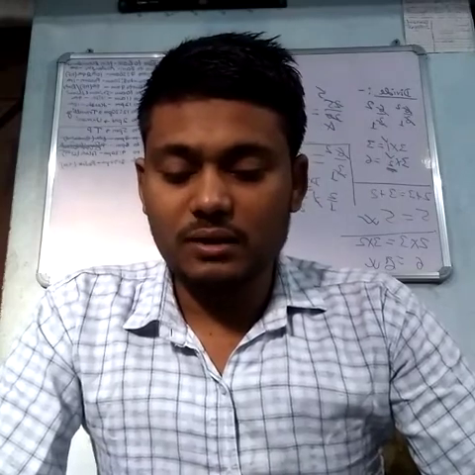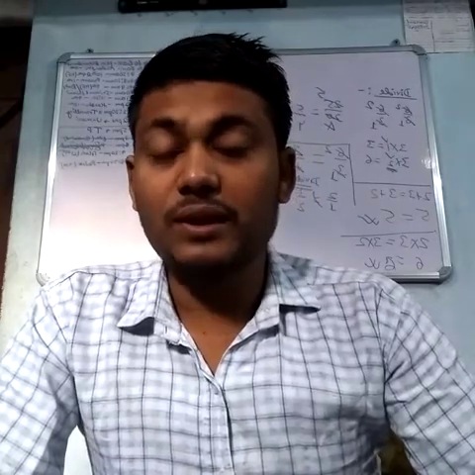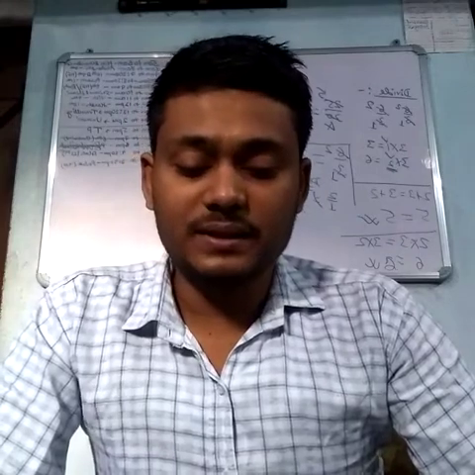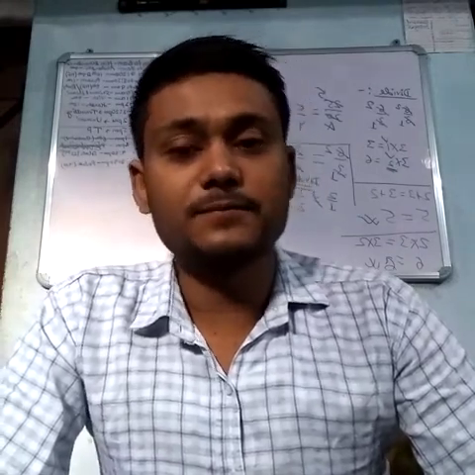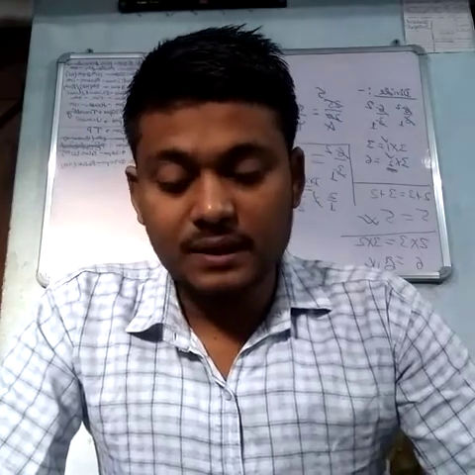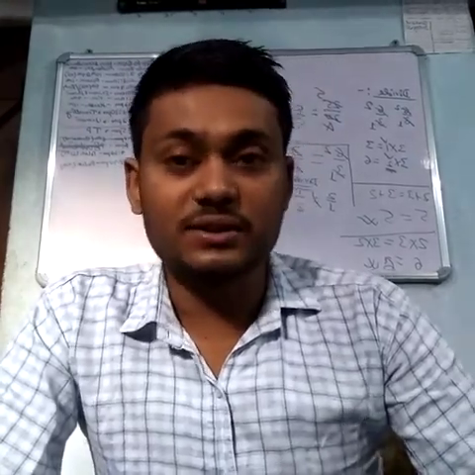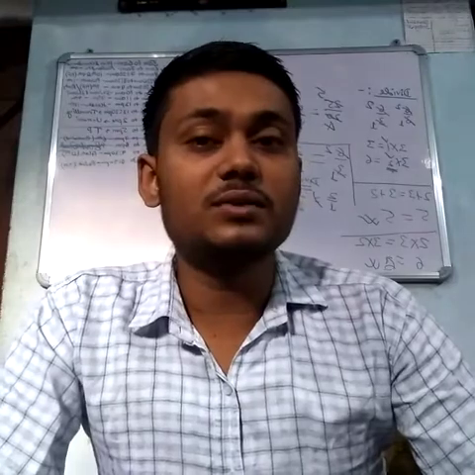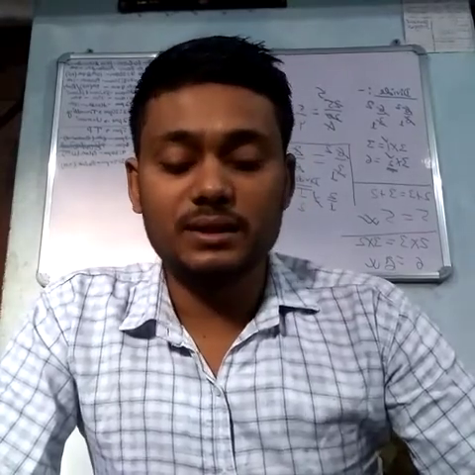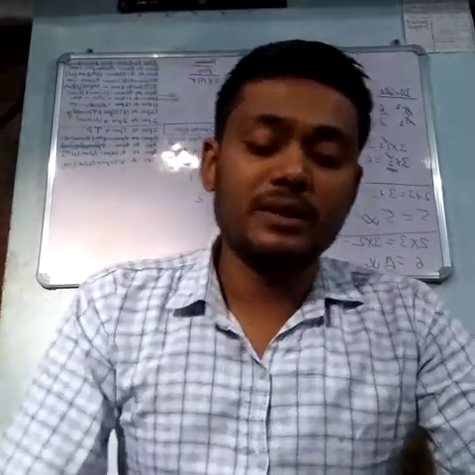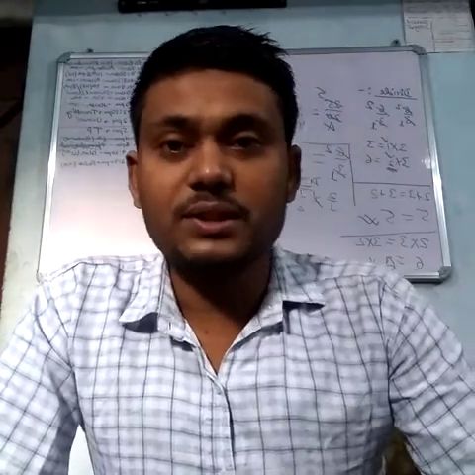When you calculate the molecular mass of HNO3, then hydrogen is 1, nitrogen 14, and oxygen we know is 16, but here oxygen is O3, so we need to multiply 3 into 16, which is 48.